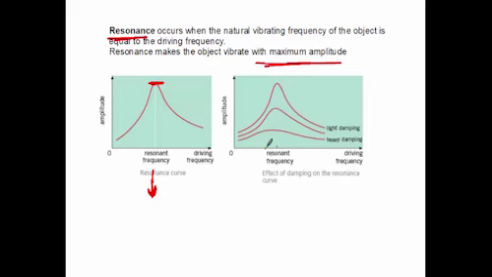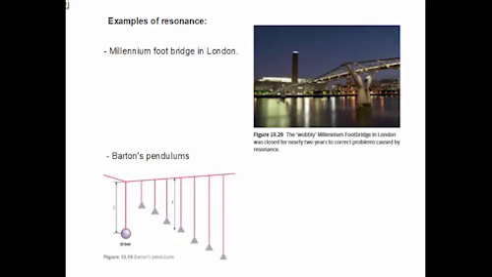Now let's take some examples of resonance. We have the Millennium Footbridge in London. In June 2000, when over 2000 pedestrians were walking on the bridge, it started to sway and it was closed.